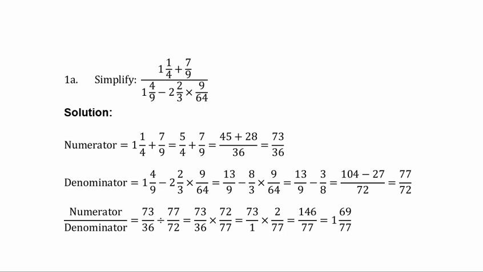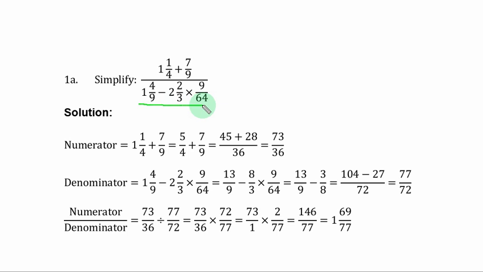Question 1a. Simplify one whole number 1 over 4 plus 7 over 9, all over one whole number 4 over 9 minus 2 whole number 2 over 3 times 9 over 64.